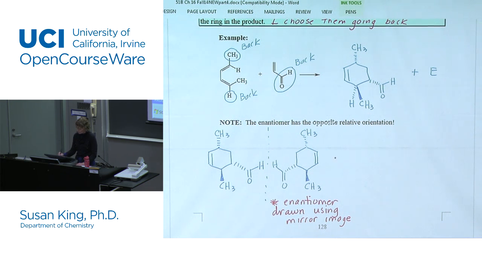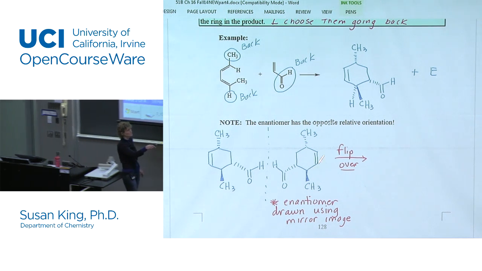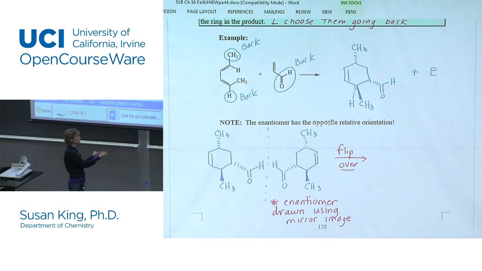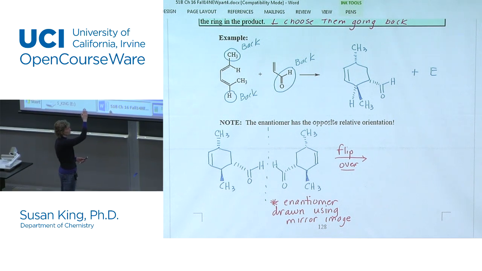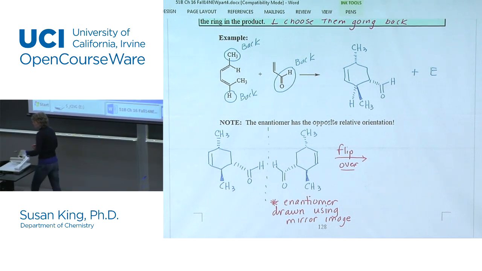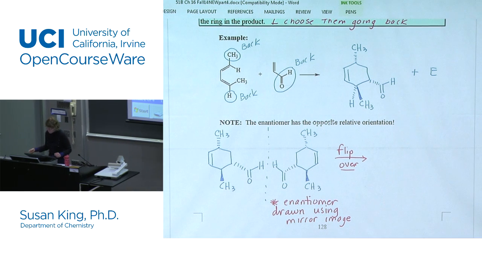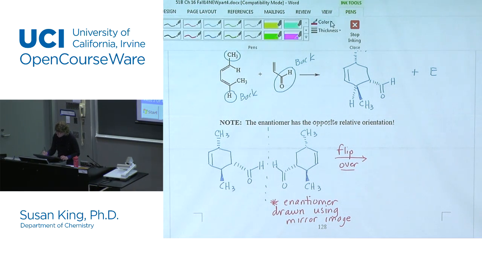I'm going to flip over the enantiomer. You don't have to be able to do this flip in your head. I'm just going to show you what the flip looks like. But if you can imagine, the double bond right here was the spine of a book, and you have your book open, and this is on the left-hand side, and all we're going to do is, as if we're turning the page, flip that over and draw that.